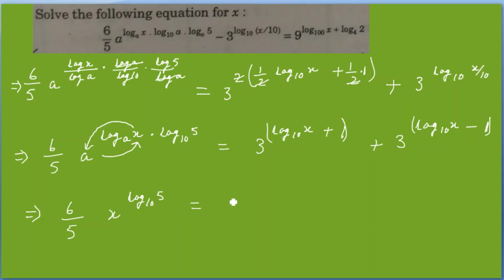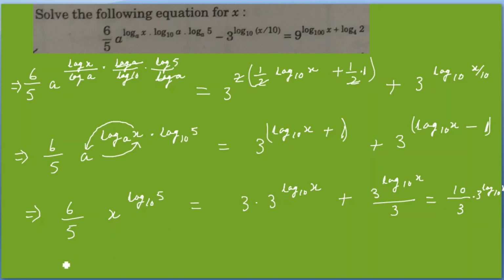And this is equal to 3 times of log it is 3 times of 3 raised to power log 10x plus 3 times of log 10x upon 3, and it can be written as 10 upon 3 into 3 to the power log 10x.